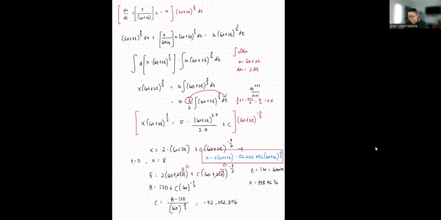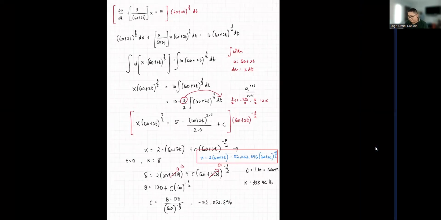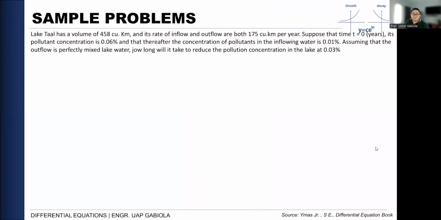Okay, next. Last example natin to for mixture. Okay? So, Lake Taal has a volume of 458 cubic kilometer, and its rate of inflow and outflow are both 175 cubic kilometer per year.